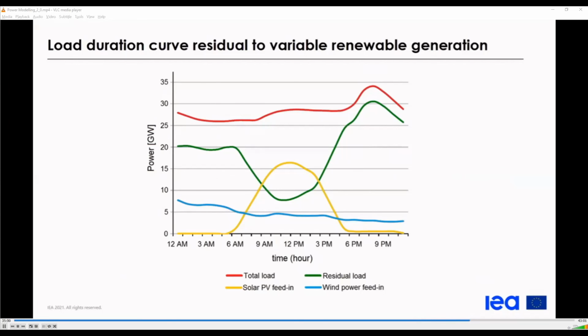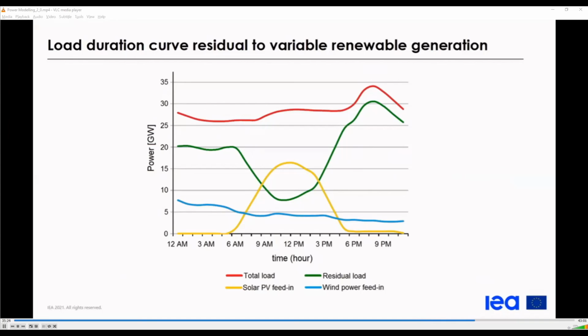What is really important in this zoom at the day level is we see very clearly the impact on the rest of the system. Here, when the solar output ramps up, then the rest of the system in green needs to ramp down to compensate this.